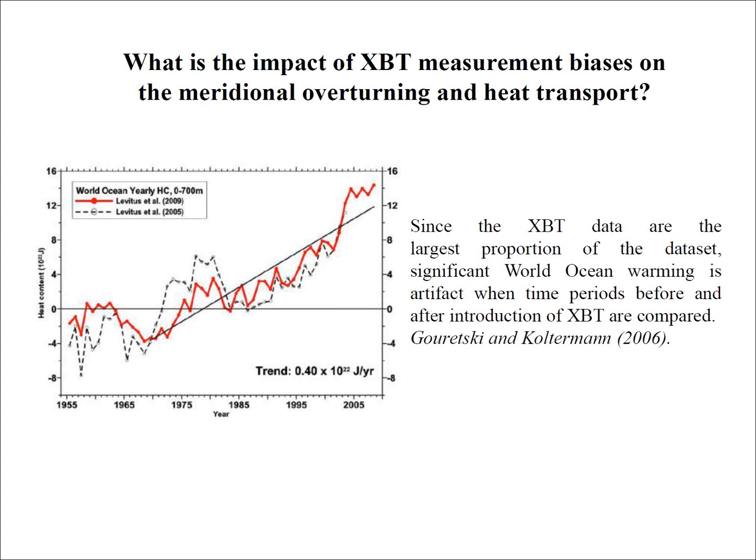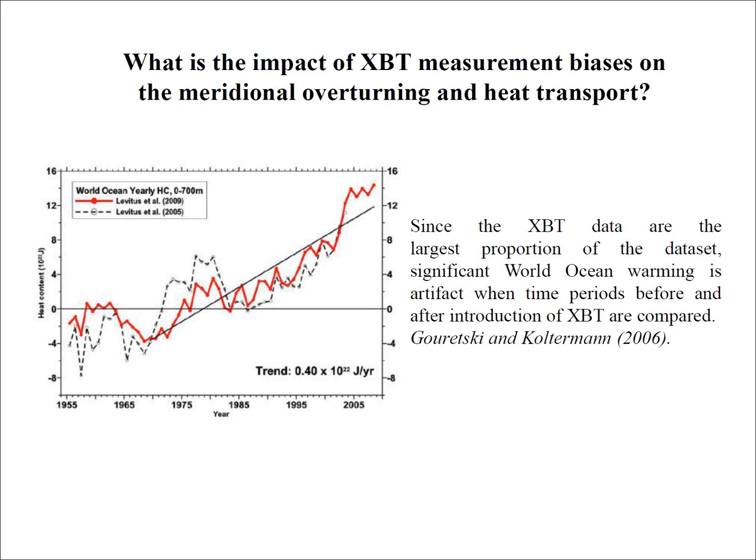From this last point, I want to motivate from the heat content aspect, the global heat content. So we have a long time series all the way to 1955, and we have, for example, this estimate from last to 2009 where they corrected the XBT bias, and before in 2005 where they hadn't corrected the bias.